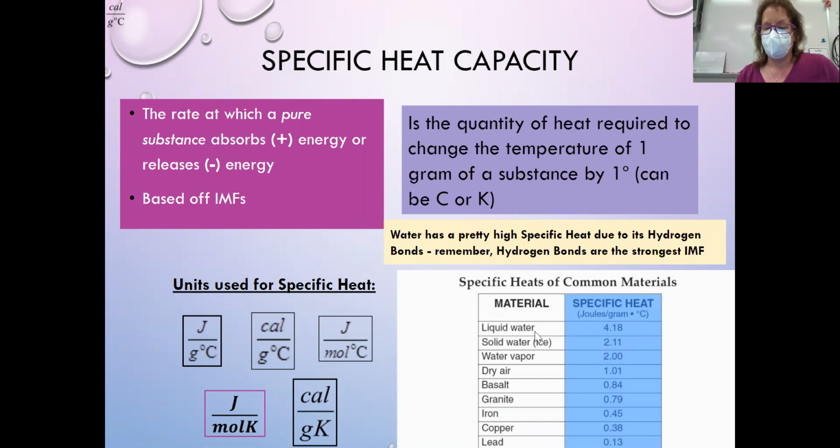All right, so look at your liquid water, 4.18. Okay, solid water's 2.11, and water vapor or gas is 2. So you can see that the state or the phase of matter actually affects it as well. But look at water. Let's just look at liquid water compared to, let's say, iron or copper that are metals. All right, 4.18 versus, let's say, copper, 0.38.